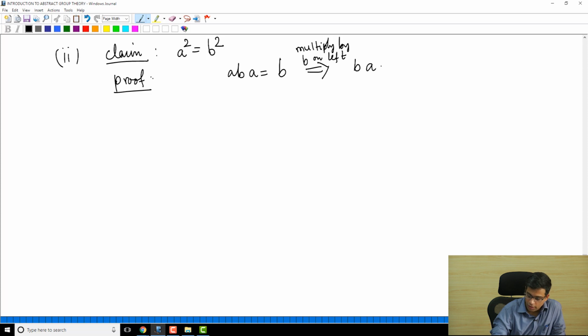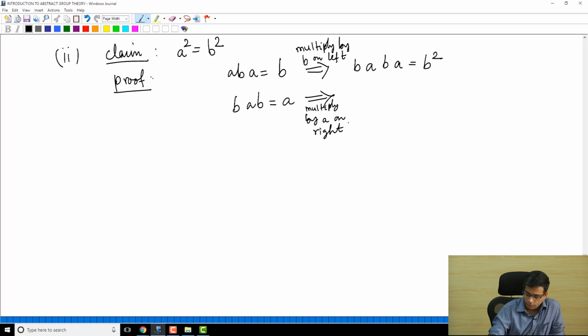I get BA equals B squared. I have also proved in the first step BAB equals A. Now, multiply by A on the right. So, I get BA equals A squared, right. So, BA equals B squared, BA equals A squared. So, A squared equals B squared.